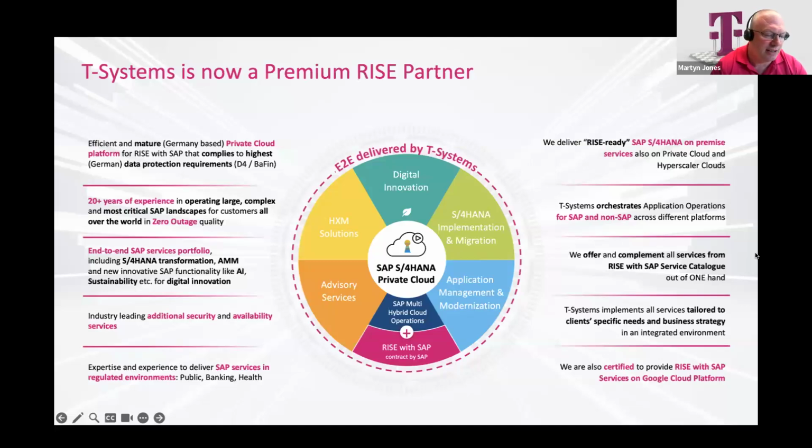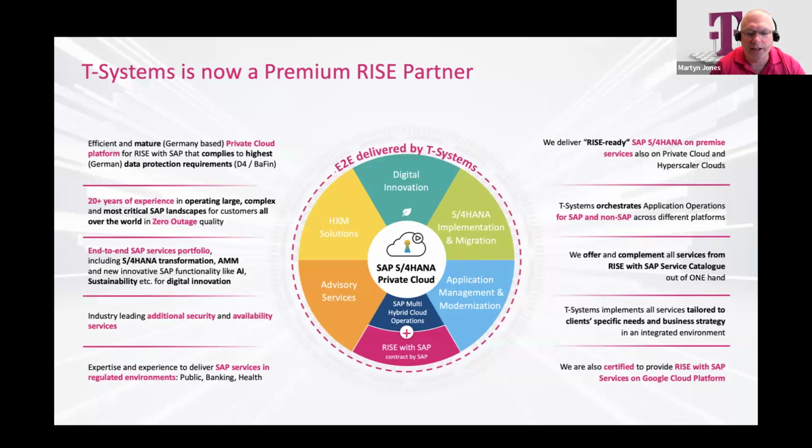So in the news recently, it was announced that T-Systems is now a premium RISE partner with SAP. So this enables T-Systems to deliver all of its services, but also for SAP as well. Whereas before we were managing customers as part of our multi-hybrid cloud operations, we can now add RISE in with that as well.